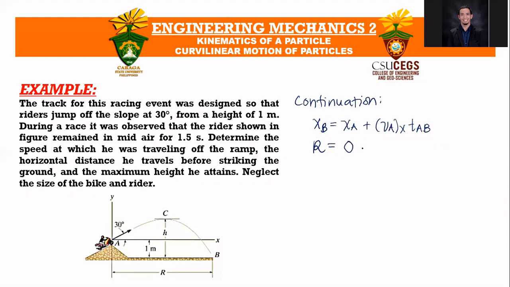XA is 0 plus 11.60 meters per second, and the time is 1.5 seconds. So therefore, the horizontal distance he travels before striking the ground is equal to 11.60 times 1.5, which is equal to 17.4 meters. So that is your answer for the variable r.